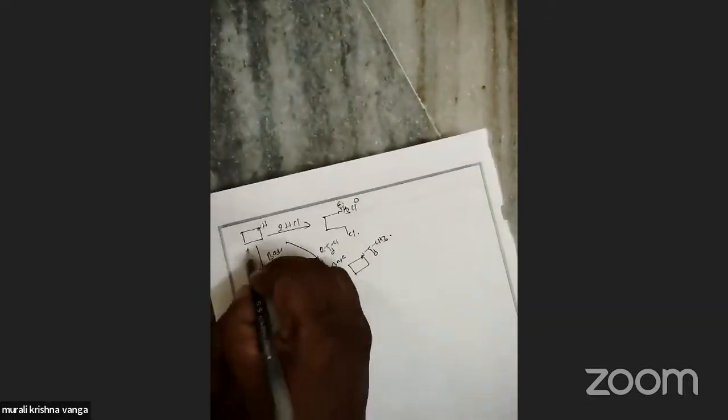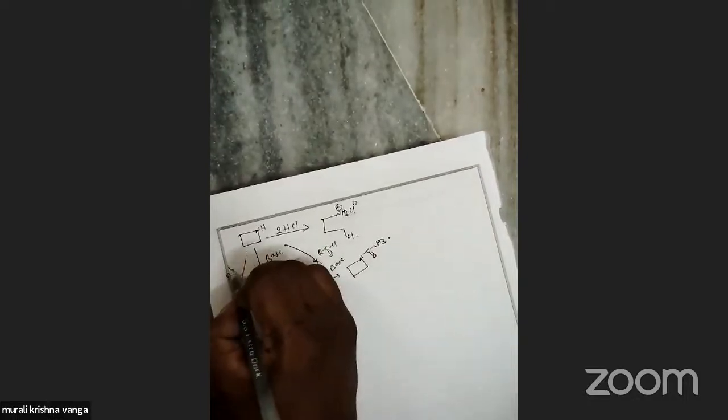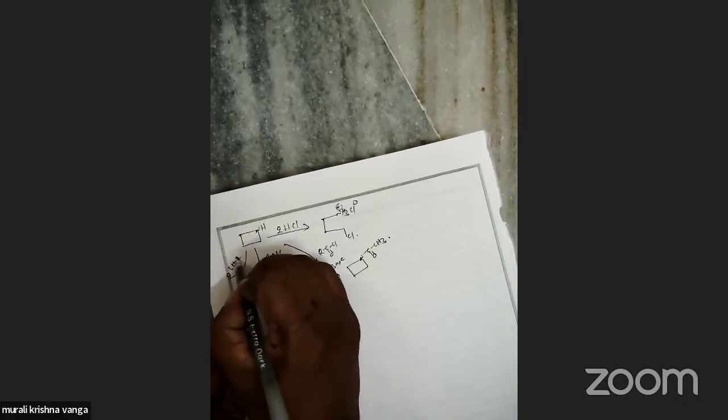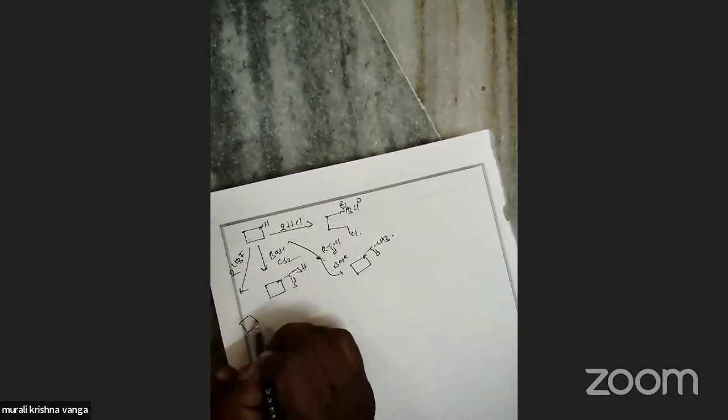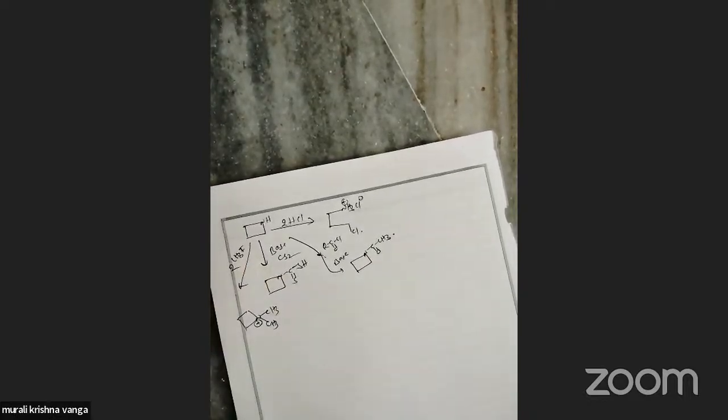Quaternization takes place with 2 moles of methyl iodide, giving CH3 positive charge. A quaternary ammonium salt is formed.